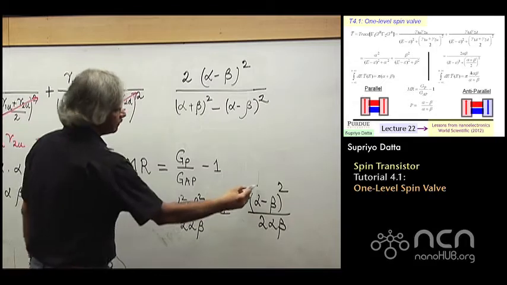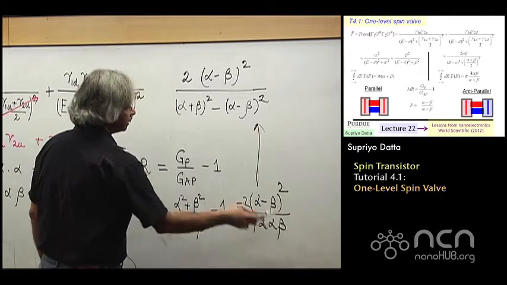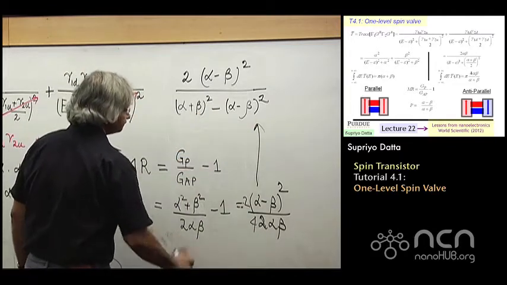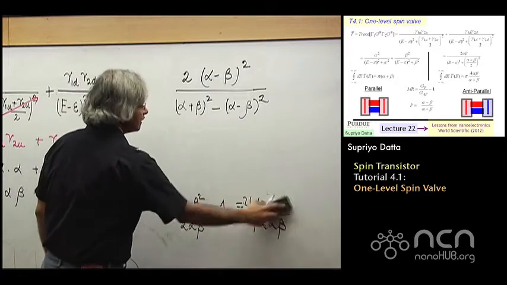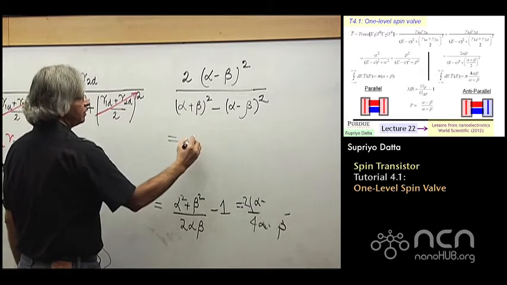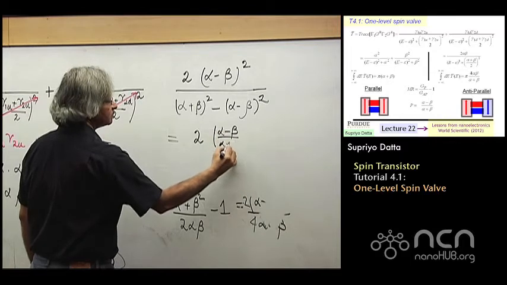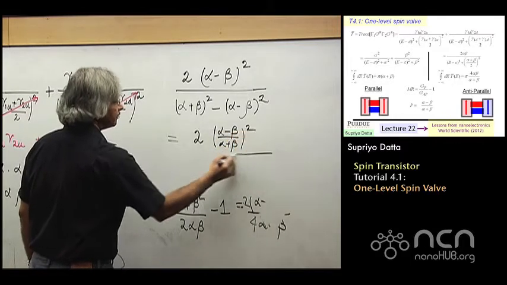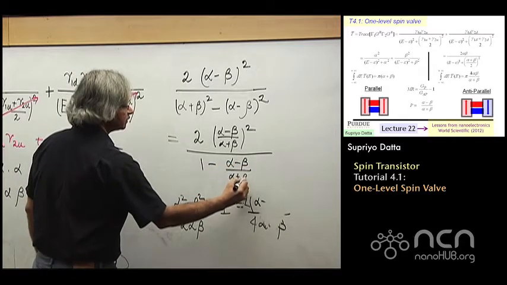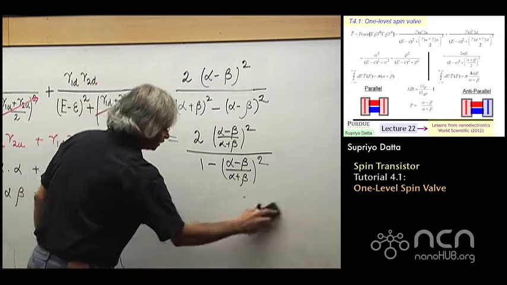So from here, what I did was just put a 2 here and made that 4 alpha beta. And now if you divide through by alpha plus beta squared, what you'd get is 2 times alpha minus beta over alpha plus beta whole squared, divided by 1 minus alpha minus beta over alpha plus beta whole squared. So that's the final result.